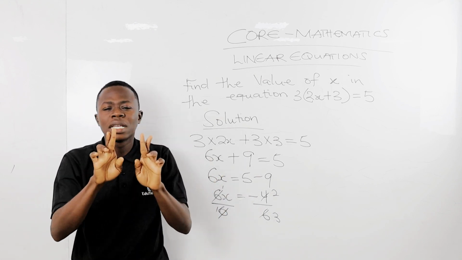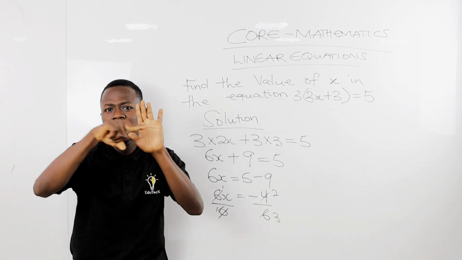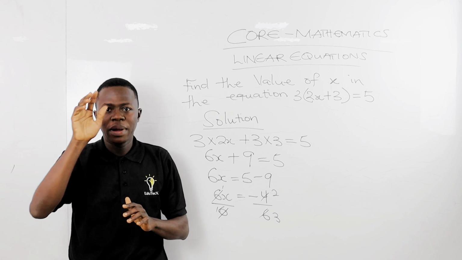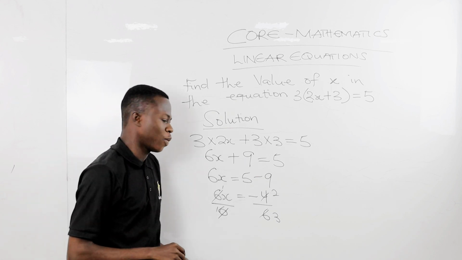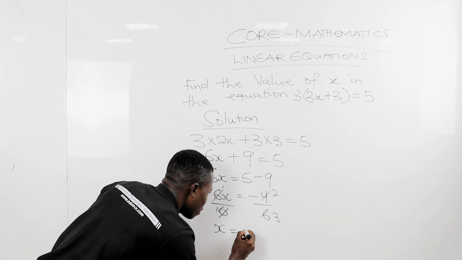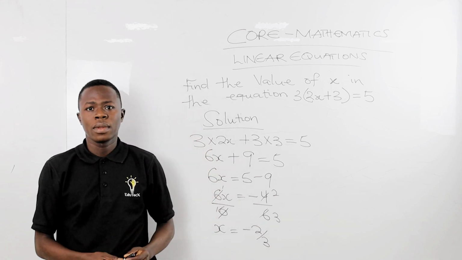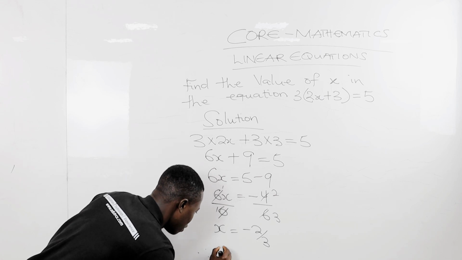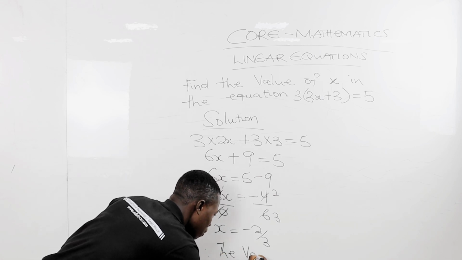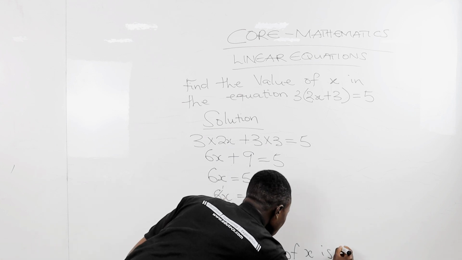And again, remember that the minus sign always stays if it is 1. So we are going to have our answer to be minus 2 divided by 3. So therefore, the value of x is minus 2 divided by 3.